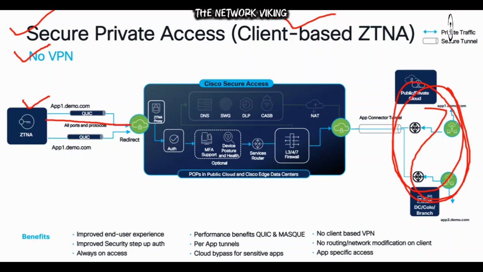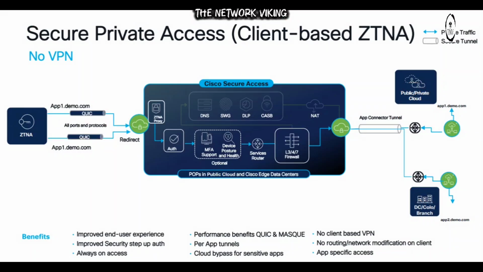Because you won't be able to connect to the RAVPN headend. In ZTNA, that's not the case. The posture is checked per private app access that you try. So let's say you fail the posture for app 1 when you're trying to connect to app 1, but when you're trying to connect to app 2, if you don't fail the posture, you will still be able to connect. So that's a good part, right?